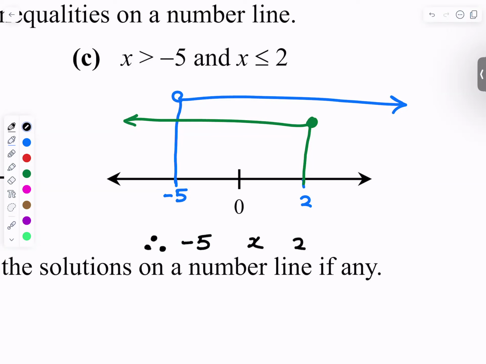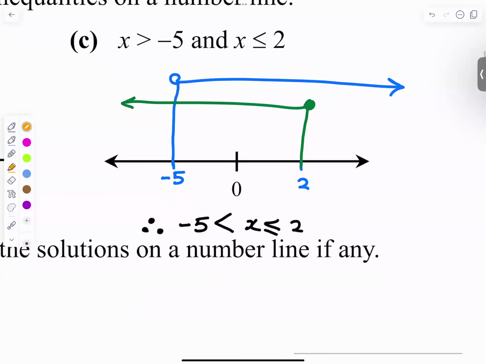Then what do I draw between? x is smaller than or equal to 2, and x is greater than -5. Make sure both of them are facing the same direction. If one is like that and the other one is like that, that's also wrong. So this will be your final solution.